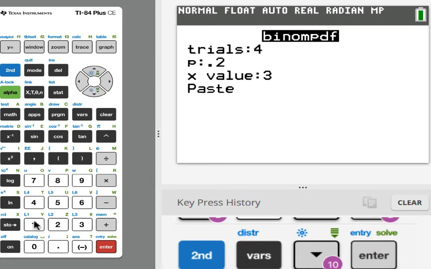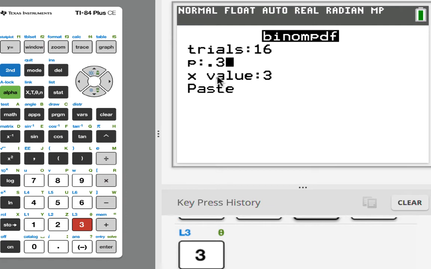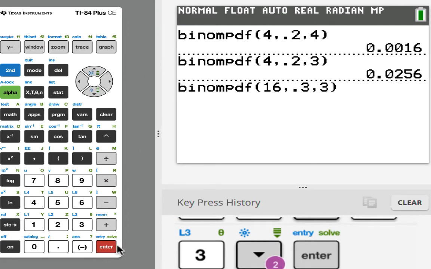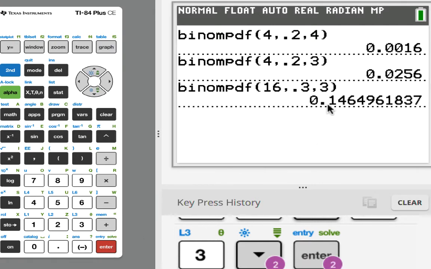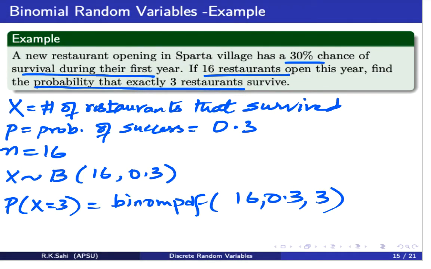Now the trials are now 16. Probability of success 0.3, the X value is the same. Then take the cursor to paste and then press enter. We get 0.1464. I'm just taking it to 4 decimal places. 0.1464.